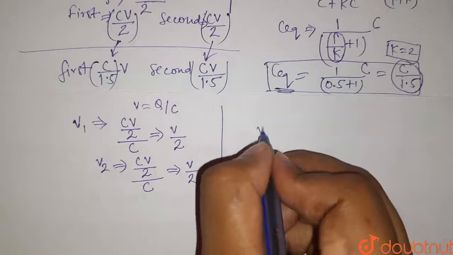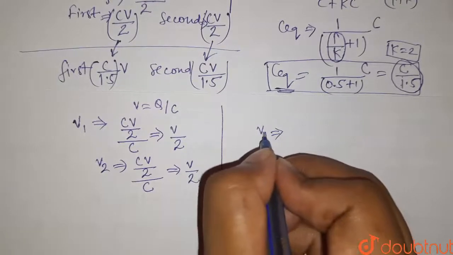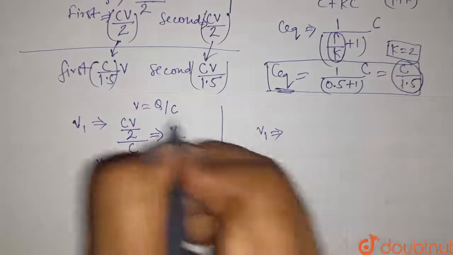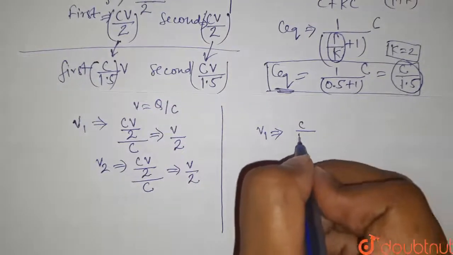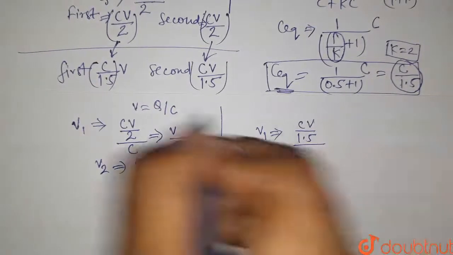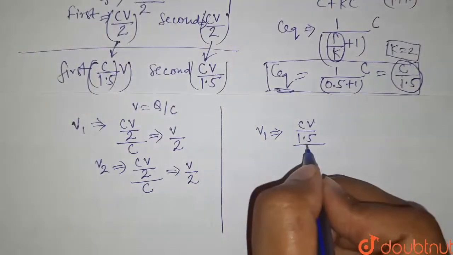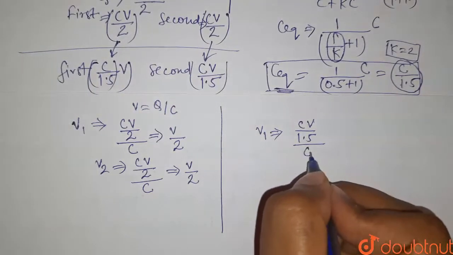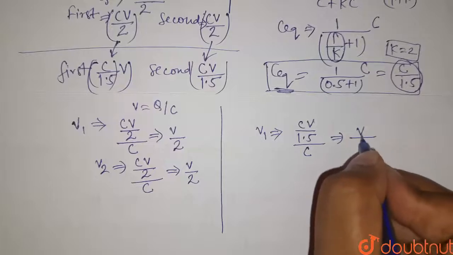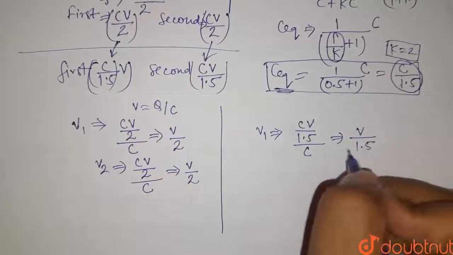Now the potential difference in the second case. The charge in the second case is CV divided by 1.5, and the capacitance is still the same, equal to C. So the potential difference is V divided by 1.5.